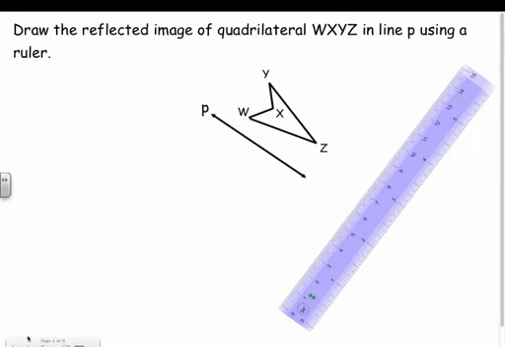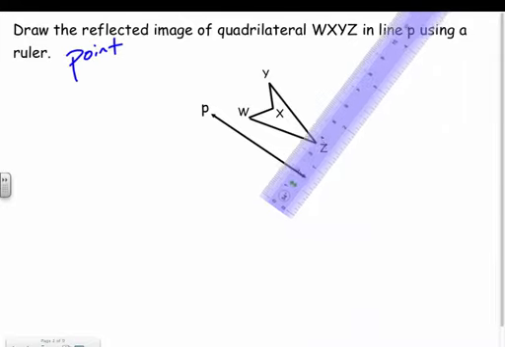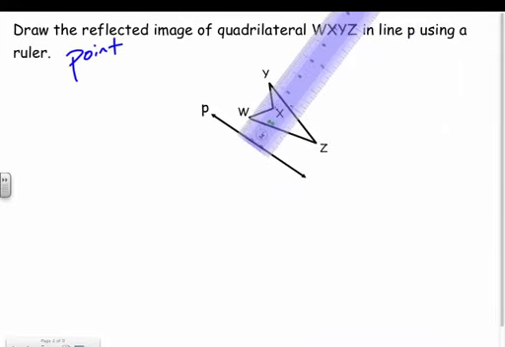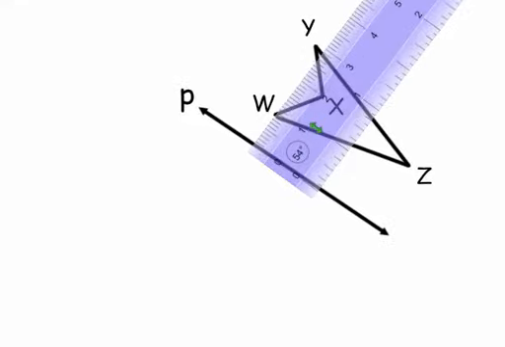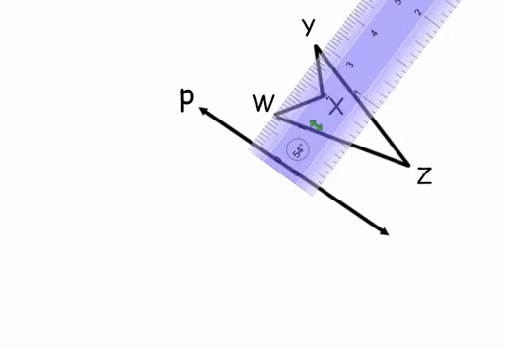So if I have this image and I want to reflect it on line P, what I want to do is work by each point. So look at each point individually. First of all, I'm going to go to W. I'm going to use a ruler here to figure out how far W is away, and I'm just going to guesstimate on the perpendicularness. Well, it's about a centimeter.